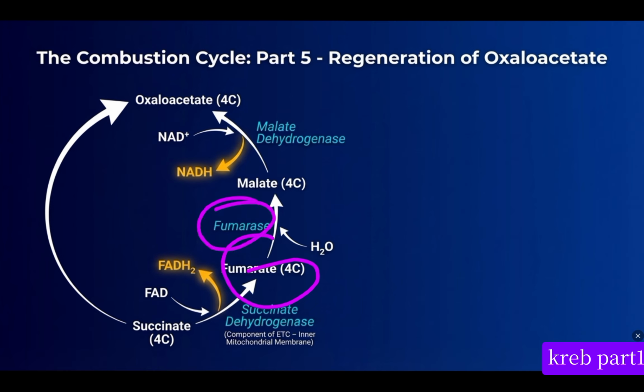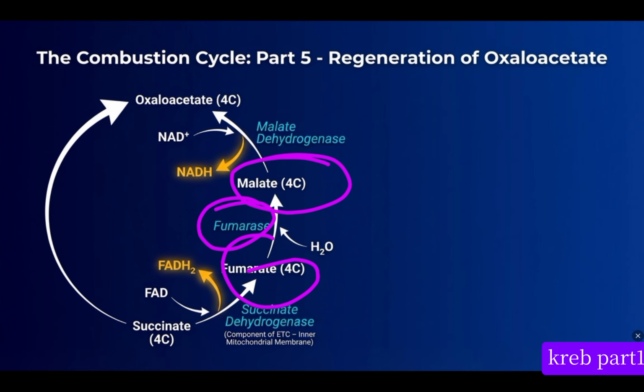The function of fumarase is to add a water molecule, to hydrate fumarate in order to form what? Malate. So fumarase is hydrating fumarate. Hydration means we are adding water. Dehydration means we are removing water. Carboxylation means we are adding carbon in the form of carbon dioxide, and decarboxylation means we are losing carbon dioxide.